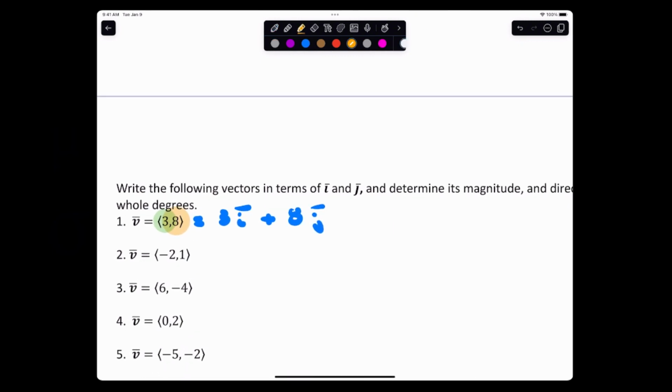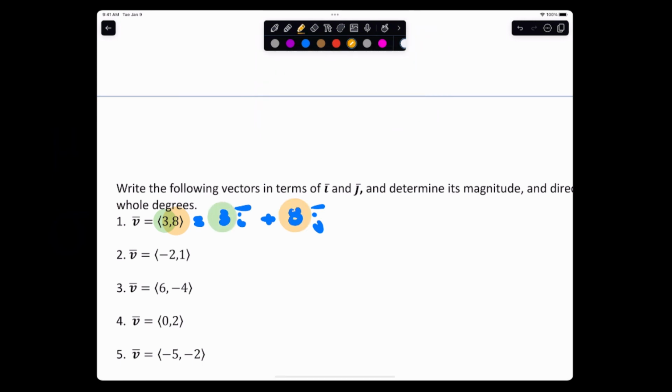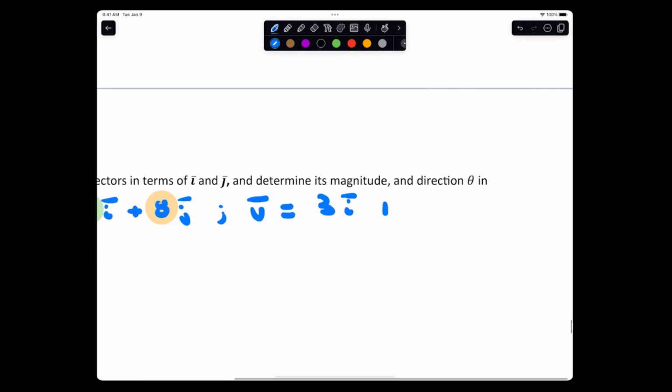So I want you guys to see, let's get the highlighter. Here's that 3, and then here's what? Here's the 8. Okay, so very often, all you're saying is vector v equals what? 3i plus 8j.